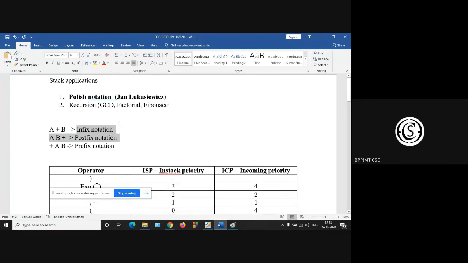Okay. So these are the main topics under recursion: GCD, factorial, Fibonacci number, Tower of Hanoi, direct and indirect recursion, and tail recursion.